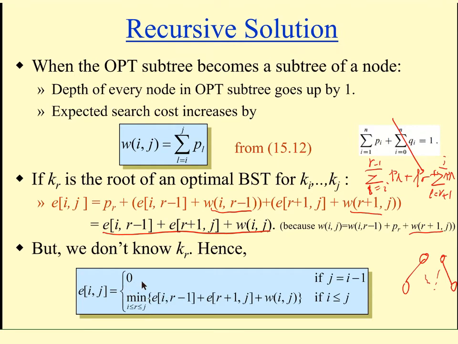If it's 1, 2, you have to choose 1 as the root, and then 2 must be on the right. The left one is 0. Left one is 0 to 1, and then 1 to 2, so 2 to 2, 0 to 0. Okay. So this is the second step.